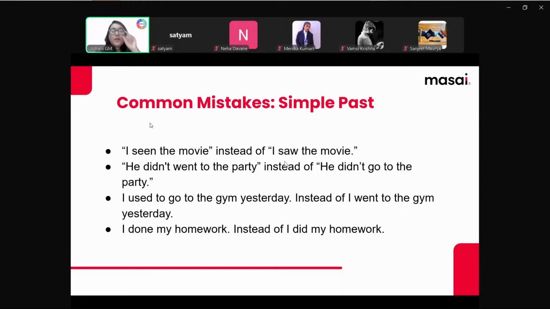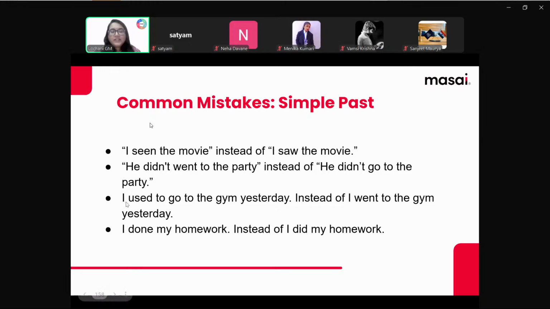Okay. One very common mistake that people make in the simple past tense is using the verb with did. Okay. He didn't went to the party is not right. Whenever we are using did or didn't, the word next to it should be in its normal form. So you will say he didn't go to the party. This is because did is already a past tense form of the verb do.